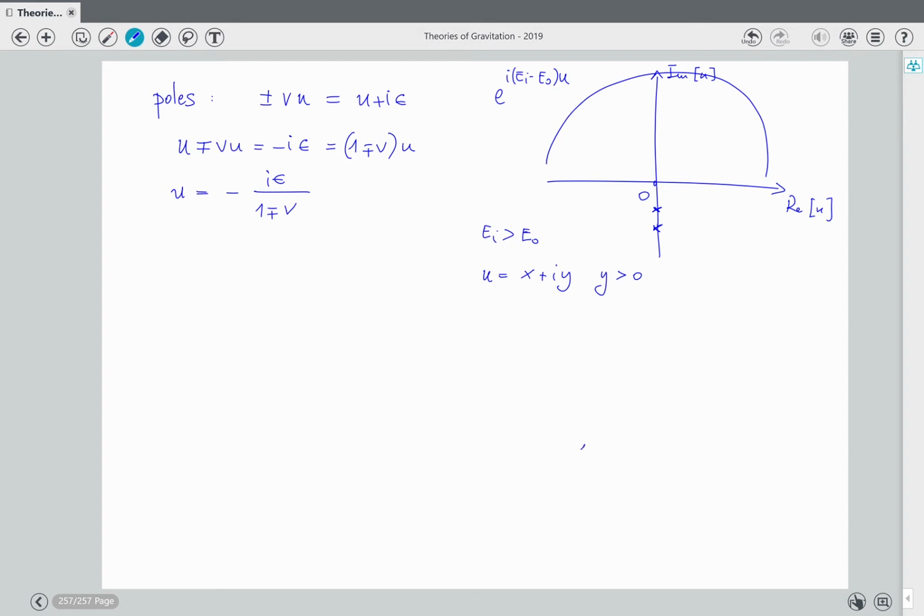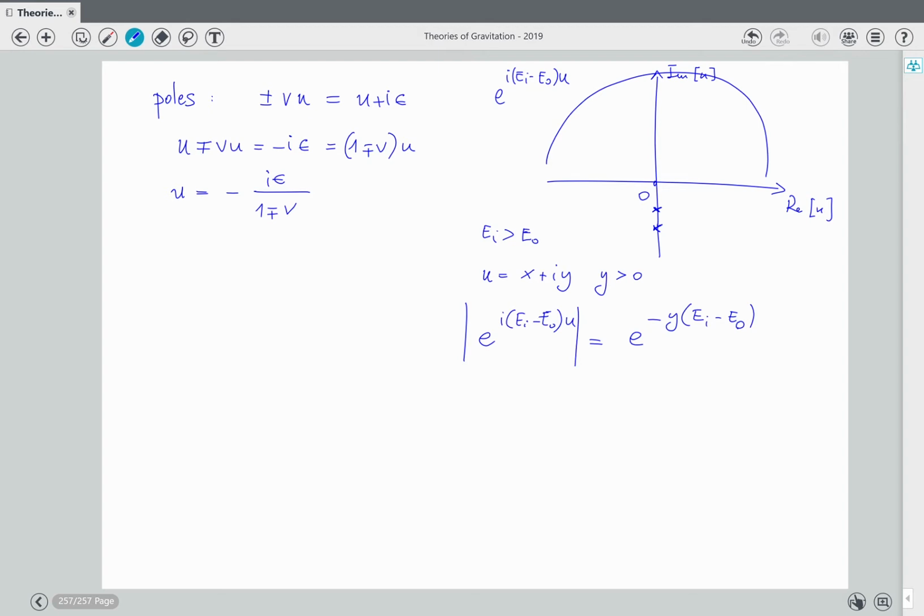So you have e to the i (Ei minus E0) u, that is equal to e to the minus y (Ei minus E0).